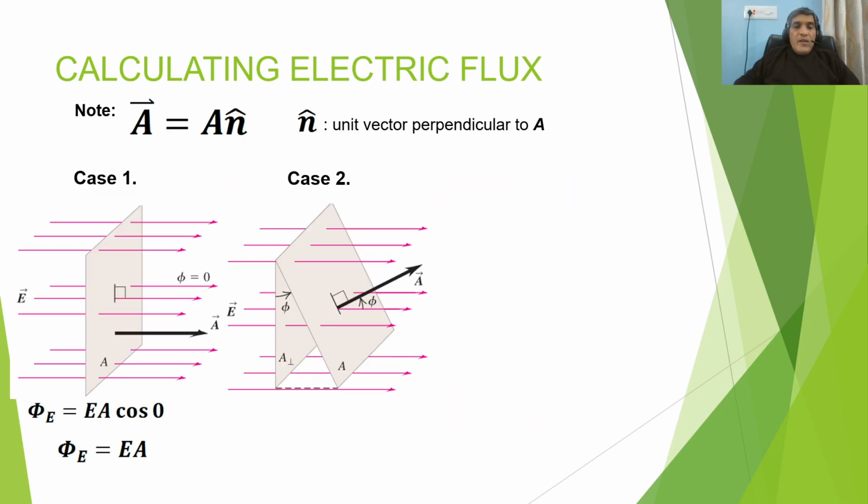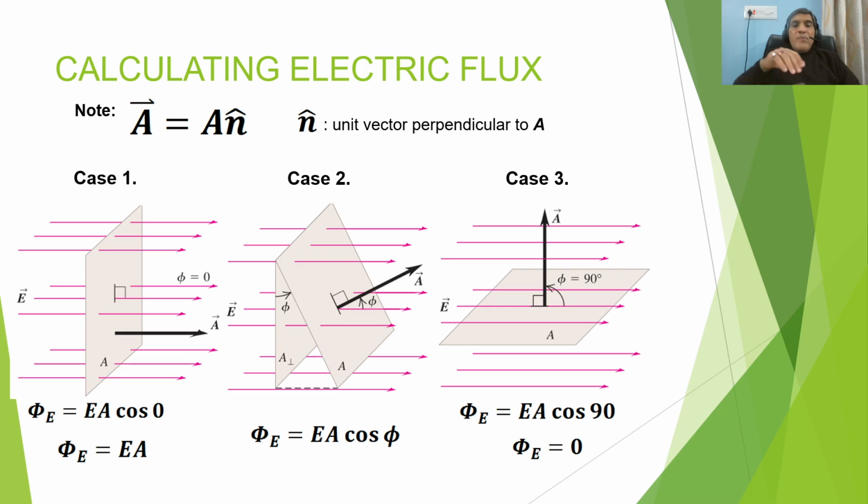So again, a very nice PPT regarding calculating the electric flux, and after discussing this PPT you will all definitely understand what electric flux is. So let's start. As you see, we have three cases: case 1, case 2, and case 3.